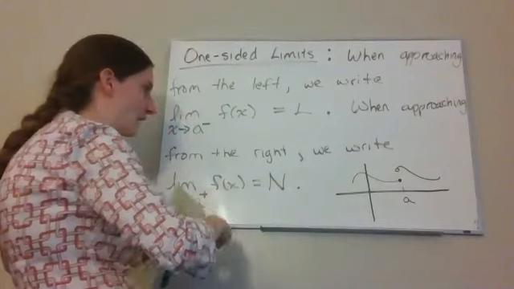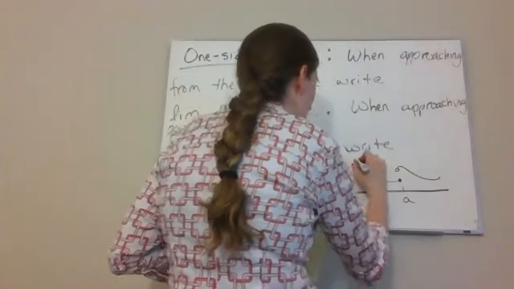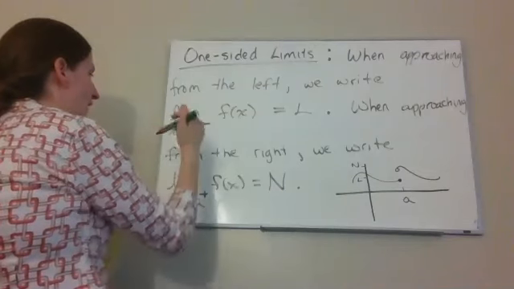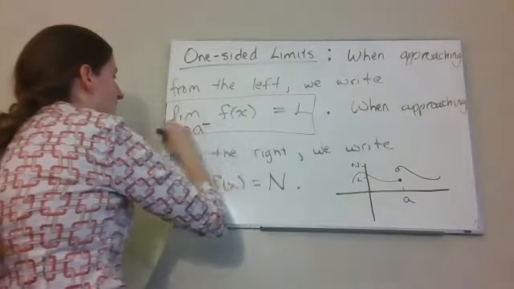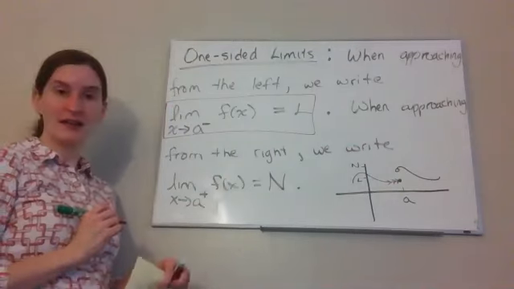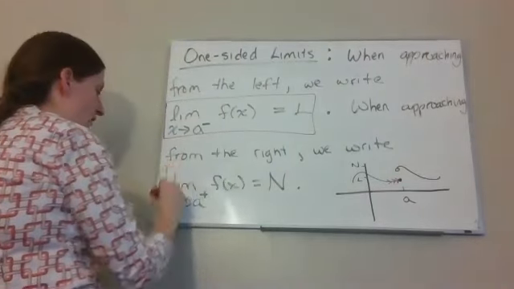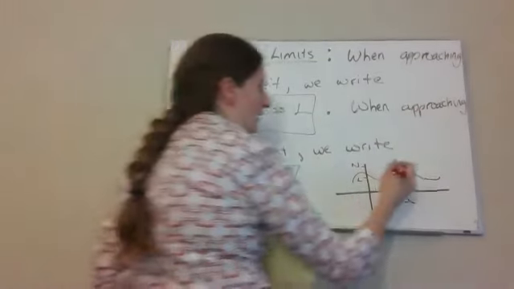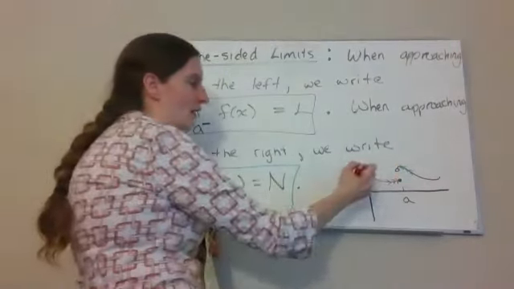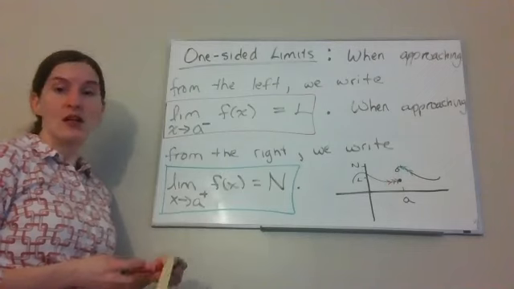So coming from the left side, here's L, here's N. To match this description, when I come from the left side, that's going to be approaching a only from the left side, and that limit looks like it's going to be L. And coming from the right, I'm going to do that one in green, we just approach from the numbers that are a little bit bigger than a. And you can see that one is getting closer and closer to N. So sometimes your one-sided limits are not equal to each other, and sometimes they are.